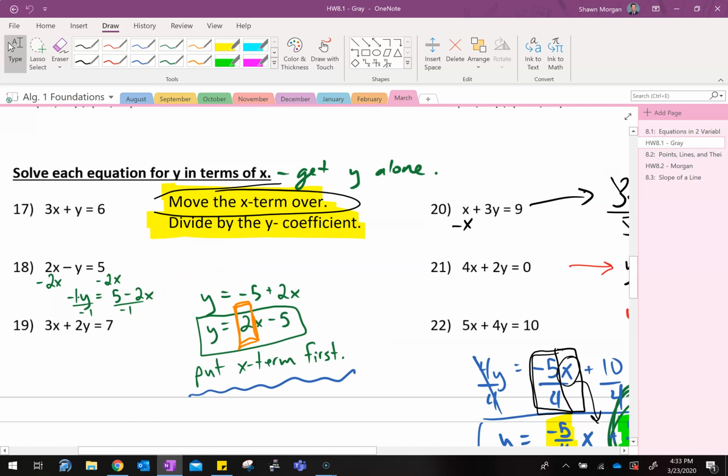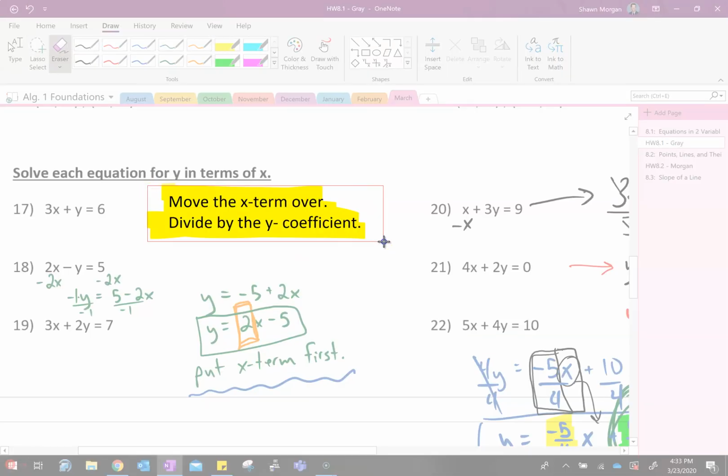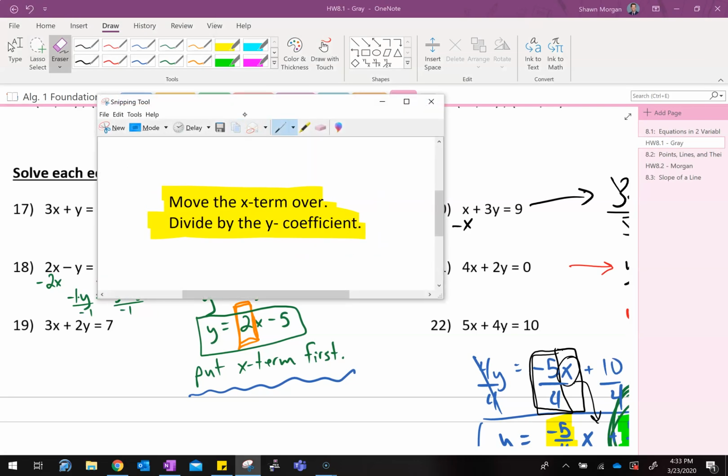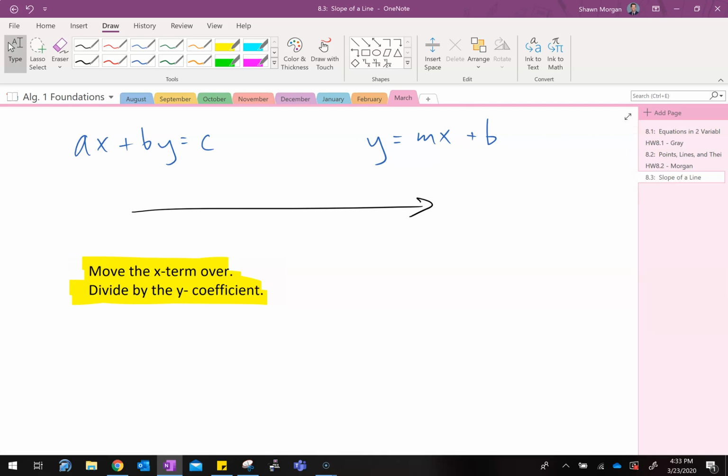But when we talked about this process by which you get y alone, or you solve for y in terms of x, I gave you guys 2 steps to follow. I've got them highlighted right here on the screen, and in fact I'll go ahead and copy them into our current notes page. The first one is to move the x term over, and then solve for y by dividing away its coefficient.